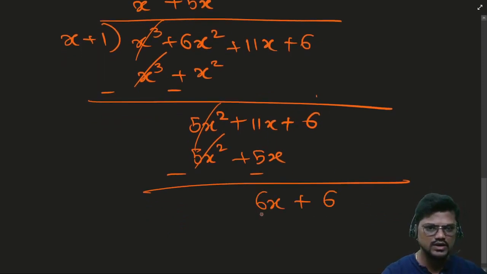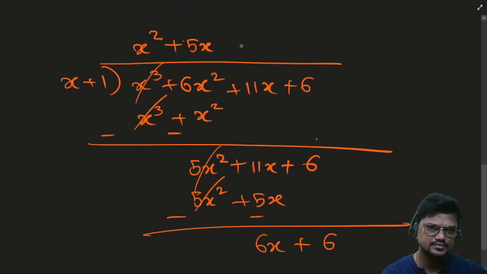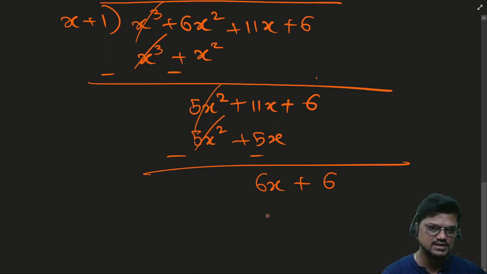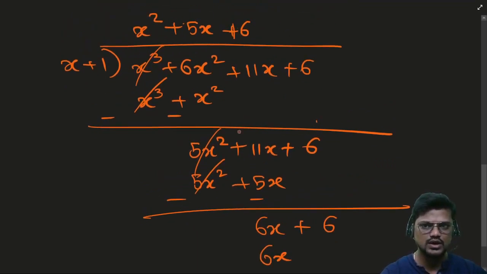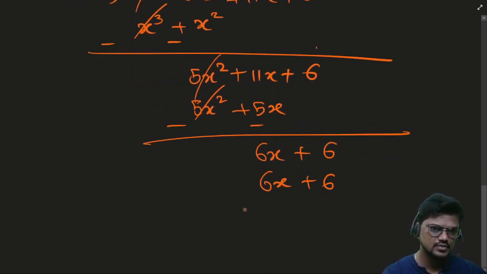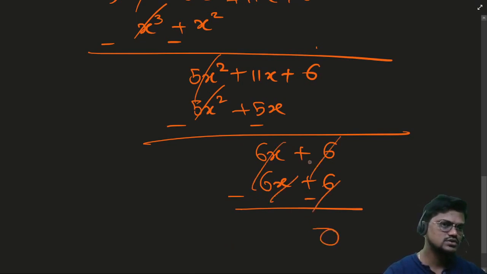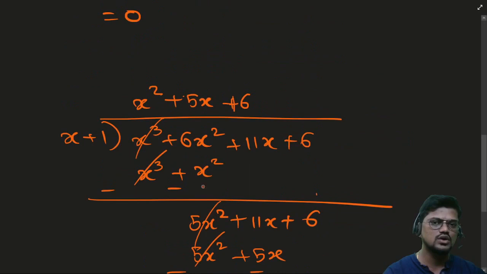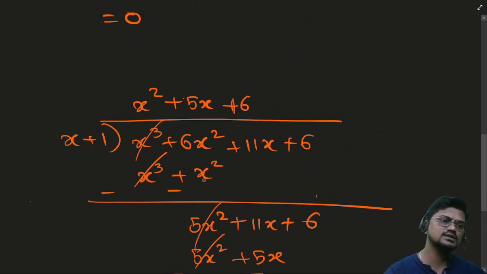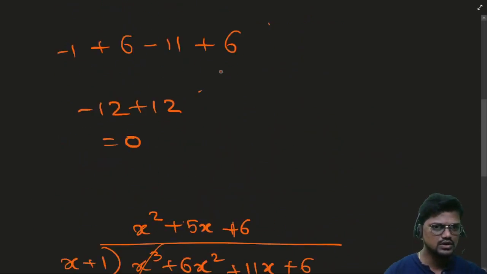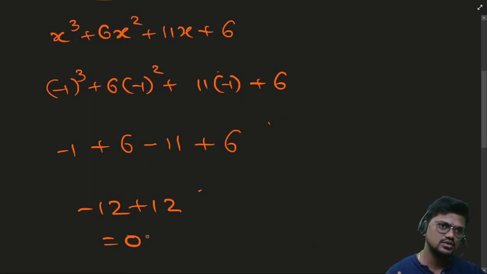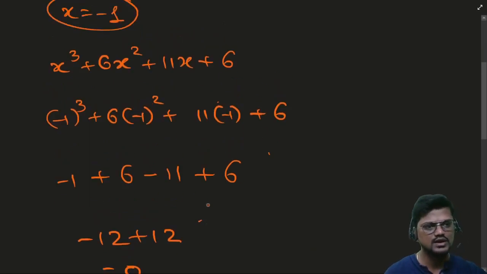Now x into what will give 6x plus 6? 6 into x is 6x, and 6 into 1 is 6. If you subtract, both get cancelled, the answer is 0. So therefore the remainder is 0. This is the cross verification that x plus 1 is a factor. Got it? Once you get 0, you can finalize that if you divide you will get the remainder as 0.